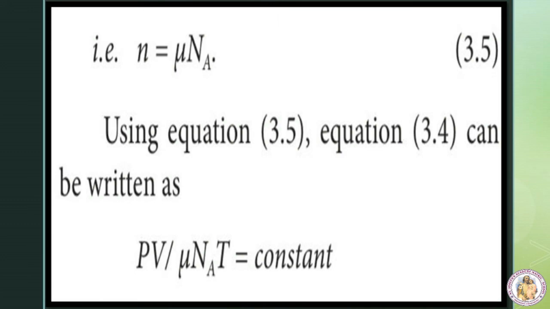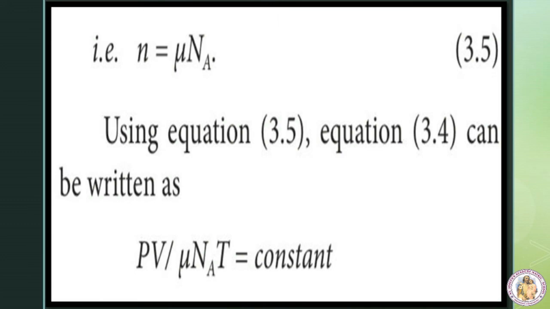If you consider a gas which contains mu moles of gas, the number of atoms contained will be equal to mu times the Avogadro number N_A. So N is equal to mu N_A, where N is the number of atoms or molecules present, mu is the moles of gas, and N_A is Avogadro's number. That is the fifth equation.